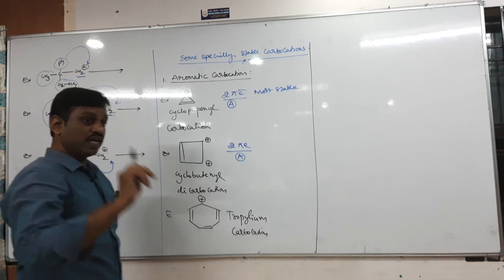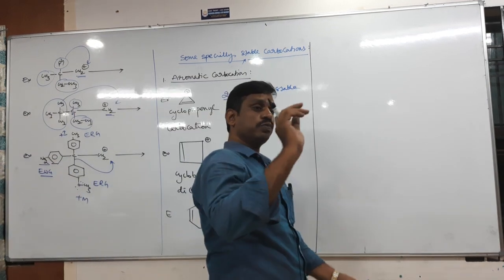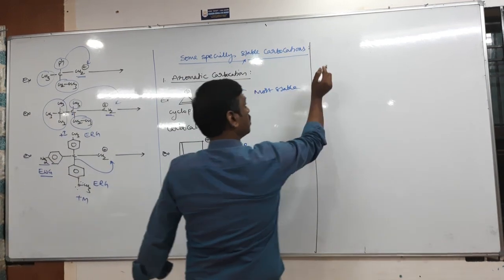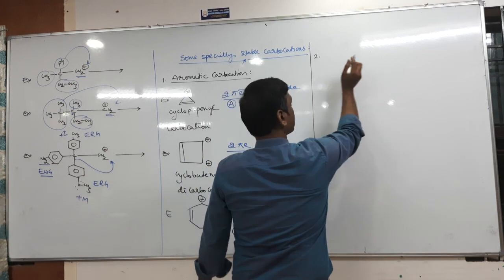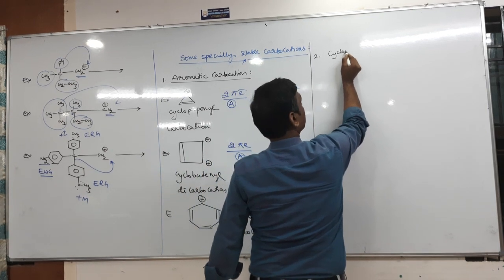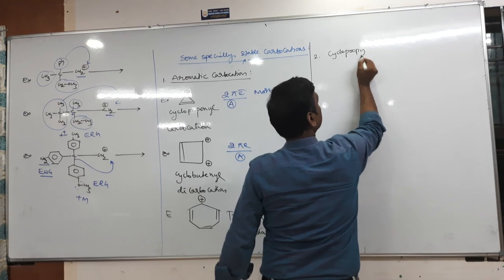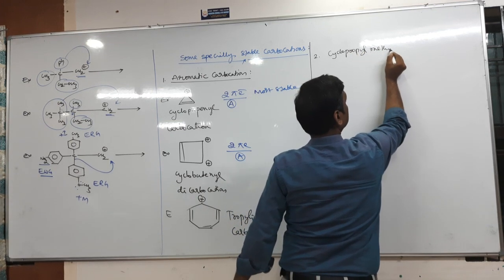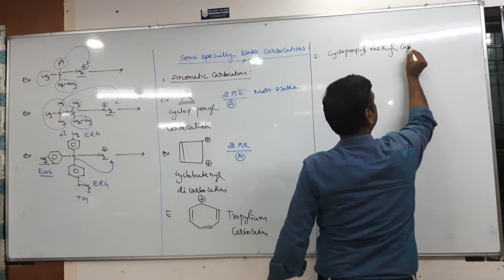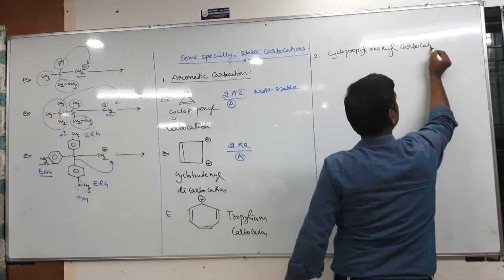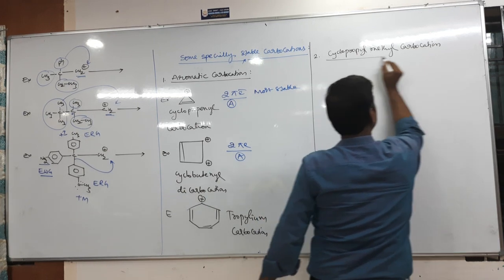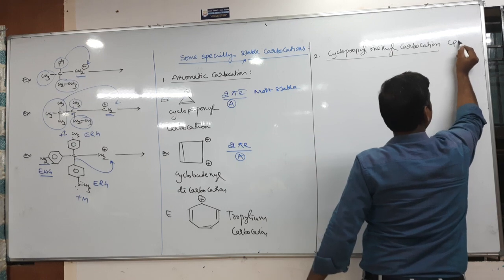Next, there is another carbocation which is also exceptionally stable, that is the second one, cyclopropyl methyl carbocation, also called CPM.